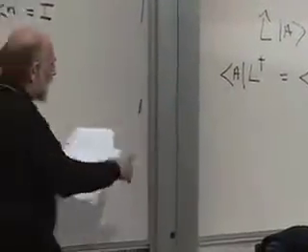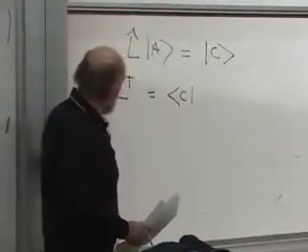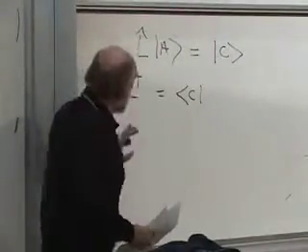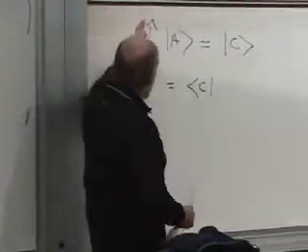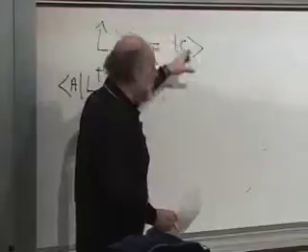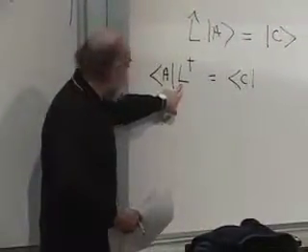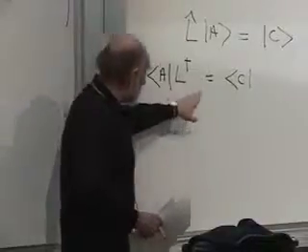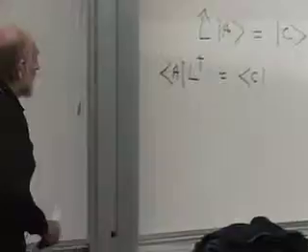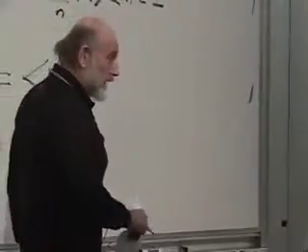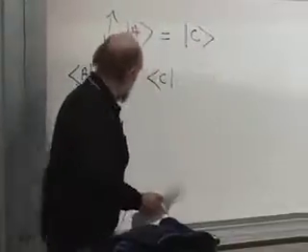So if there's a correspondence between every ket vector and a bra vector, then I can also look for a correspondence between operators, so that given an operator L, which takes A to C, there must be some other operator which acts to the left on bra vectors, which induces a kind of parallel mapping among the bra vectors, which is the image of the mapping among the ket vectors.